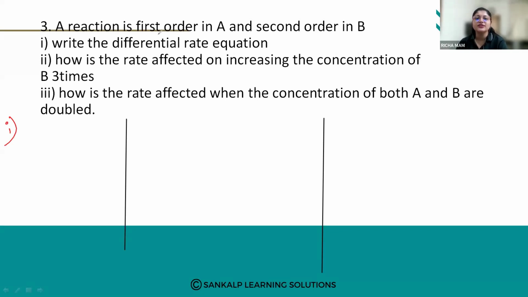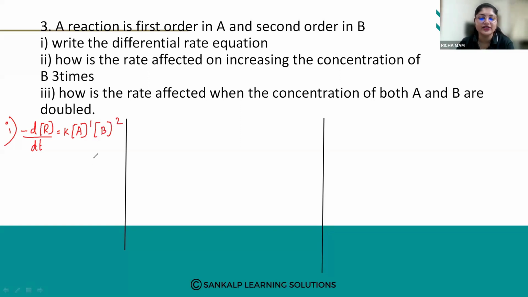The reaction is first order in A and second order in B. Okay. So how will it be? How to write the differential rate equation? So minus d[R] by dt is equal to the rate of the reaction. The order in A is first, that is A to the power 1, and for B it is second order.